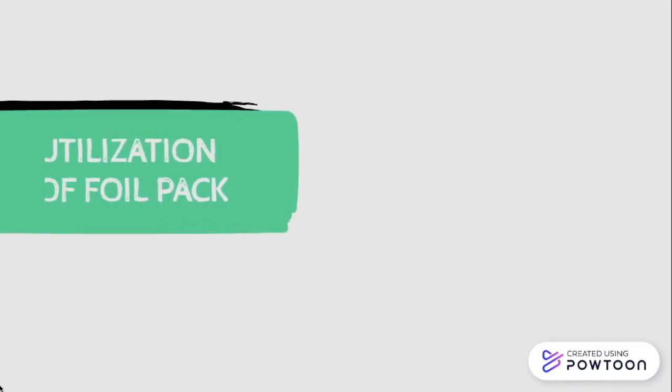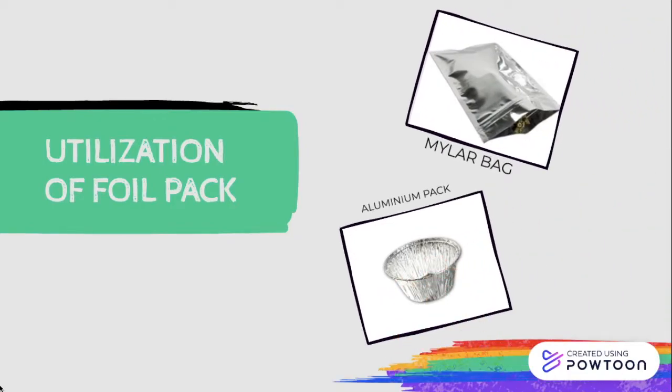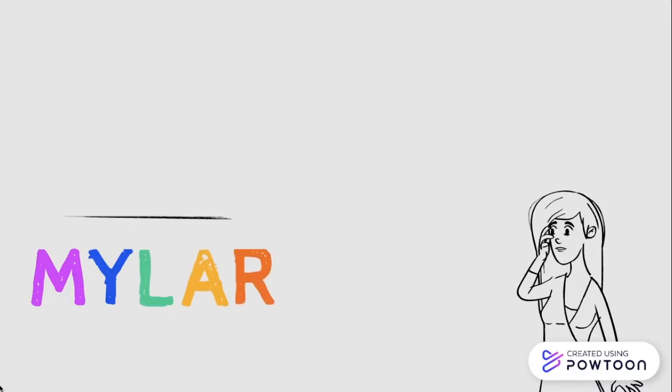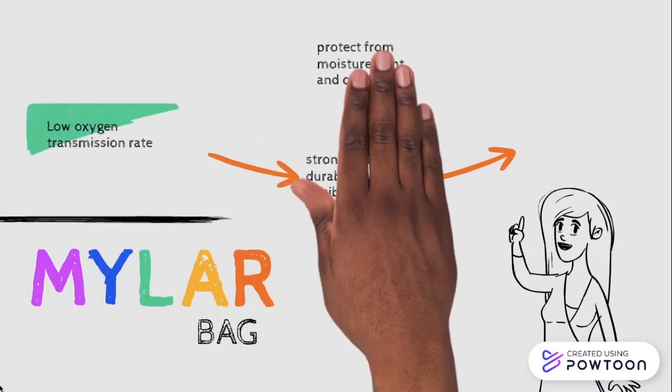For the utilization of our foil pack, we have 2 products, which are mylar bag and aluminum foil. The mylar bag is known for its low oxygen transmit rate, which means it protects the product inside from moisture, light, and odor. Another benefit of the mylar bag is that it is strong and durable, yet flexible and thin.